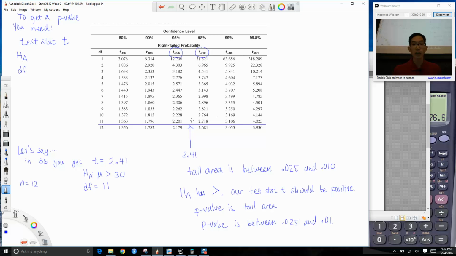If I ended up exactly at 1.796 and I had 11 degrees of freedom, then my tail is exactly 0.05. But here, because it's 2.41, it's between these two numbers, and that means my tail is between these two numbers. Is that okay? All right, let's try another one.